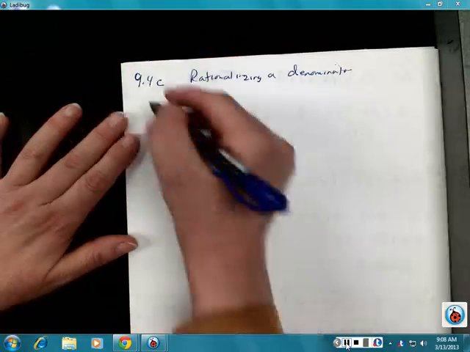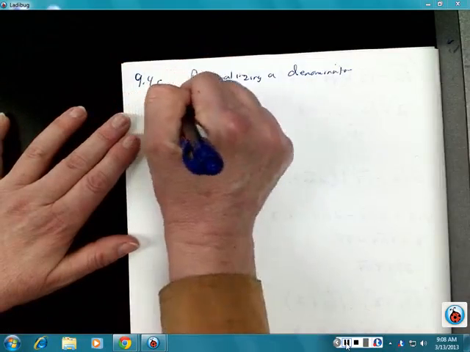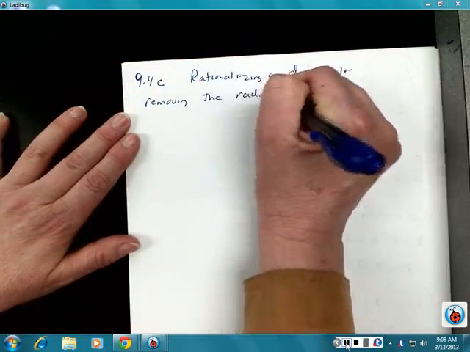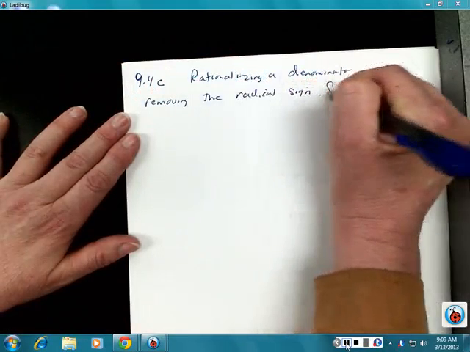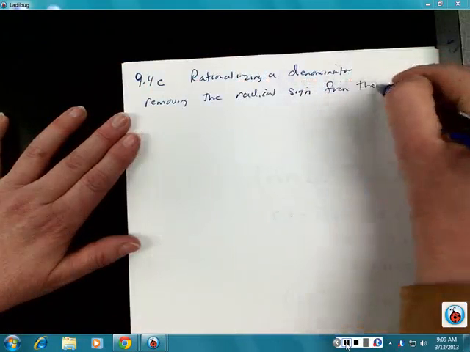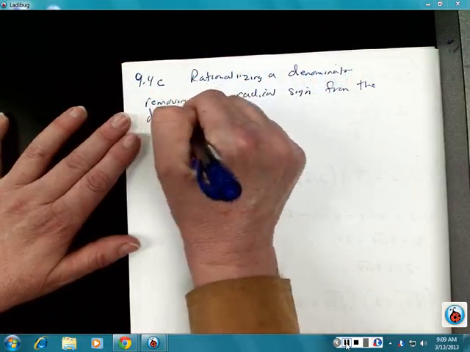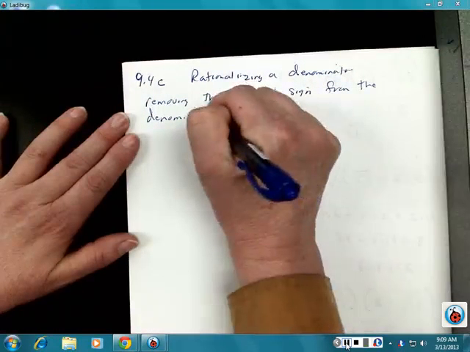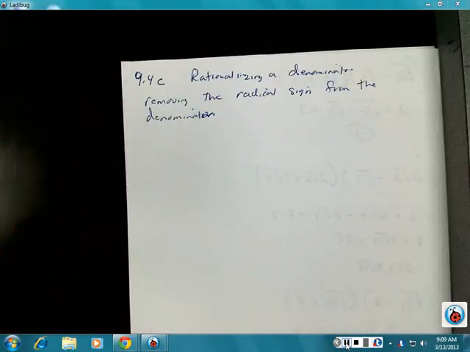When you rationalize the denominator, what that means is removing the radical sign from the denominator. Meaning I don't want any radicals in my denominator at all.